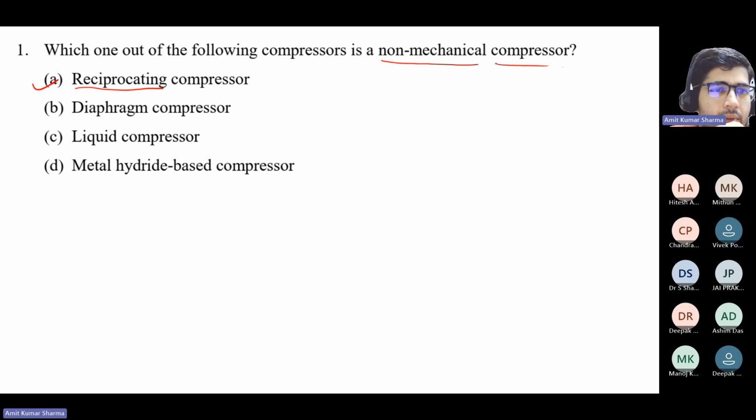Similarly in the diaphragm, there will be mechanical energy involved, and in the liquid compressor also. But in the metal hydride based compressor, there is no mechanical component. In later slides, we will go through this metal hydride based compressor to learn more about it. So the correct answer is D.